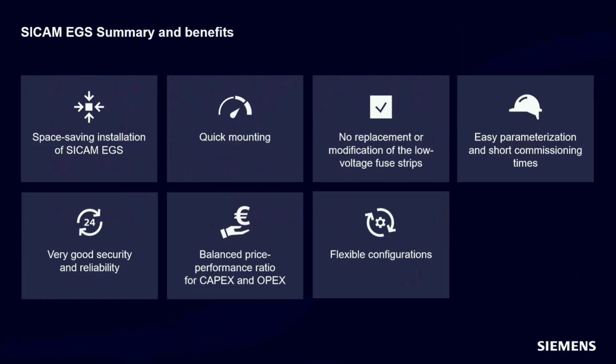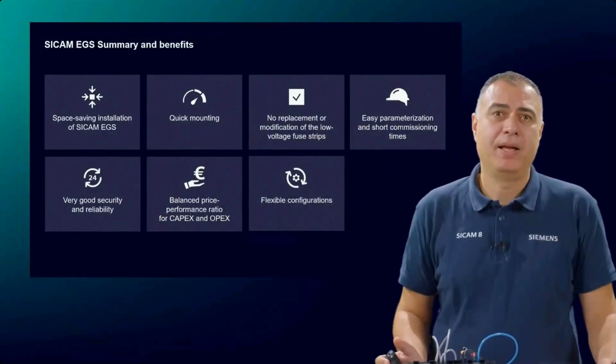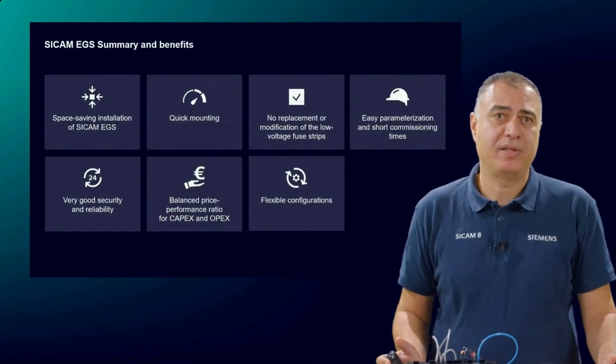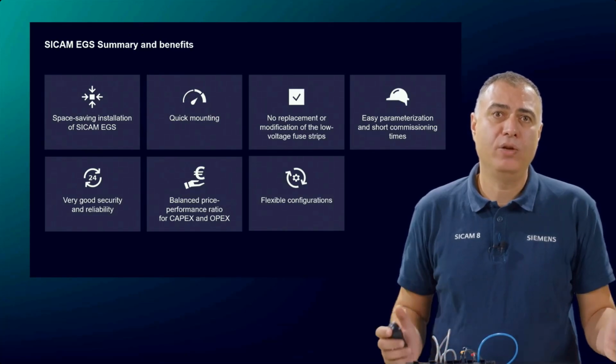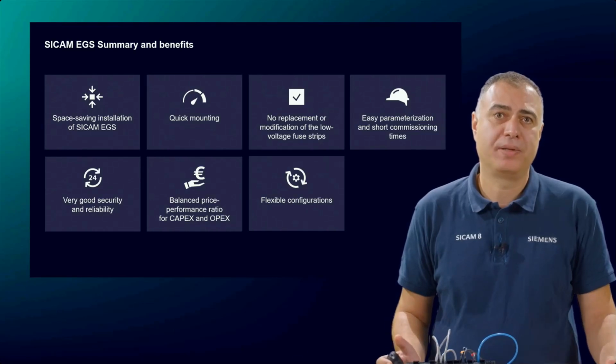Using project templates, you get a flexible solution with short engineering and commissioning time. Since SICAM EGS features the same standard characteristics as the SICAM 8 product platform, you get a secure and reliable solution. As mentioned in the previous slides, SICAM EGS is an all-in-one device that provides a very economical solution.